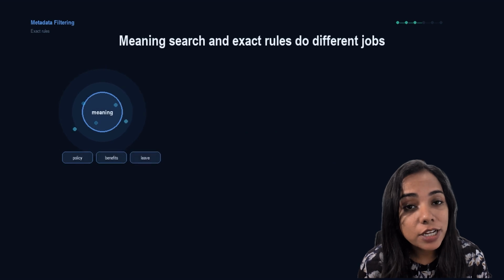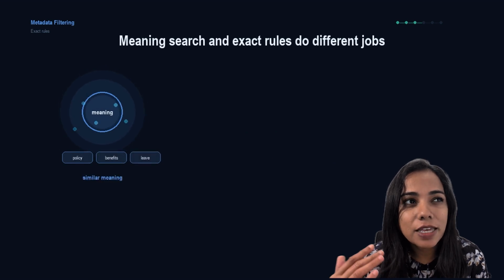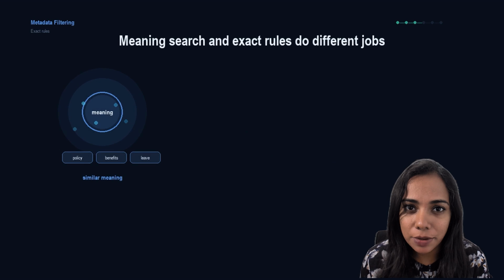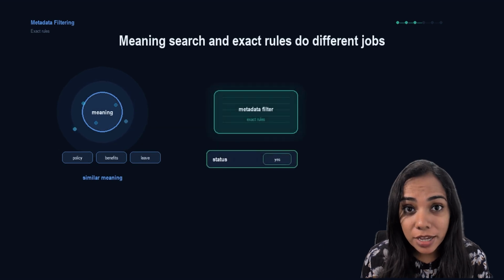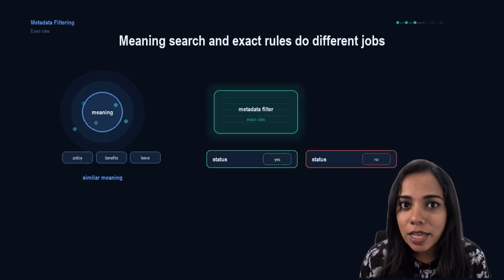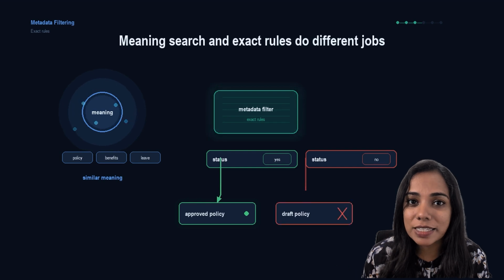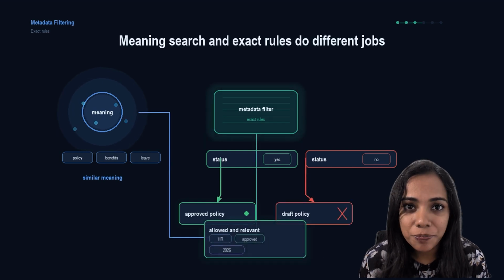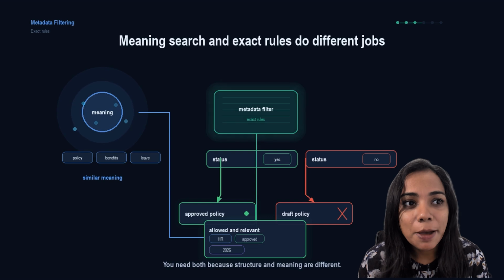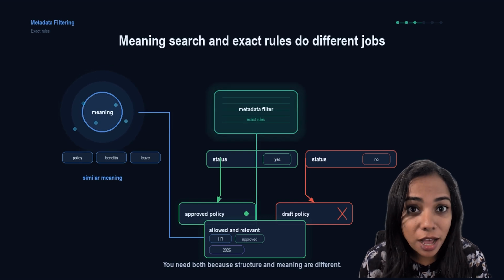Vector search is good at finding things that mean something similar. Metadata filtering is good at finding things that satisfy this exact rule. You need both because meaning and structure are different problems. And there's a cost side too. Filtering too aggressively can backfire.